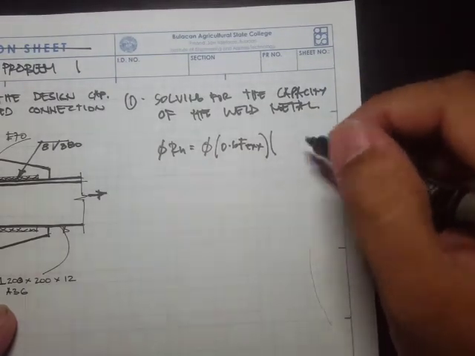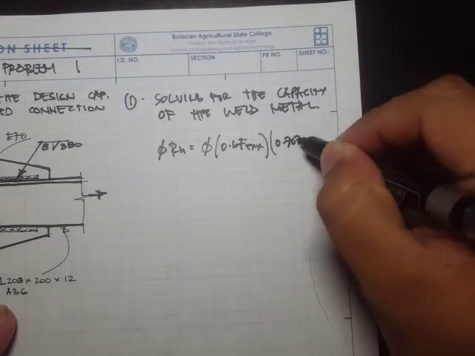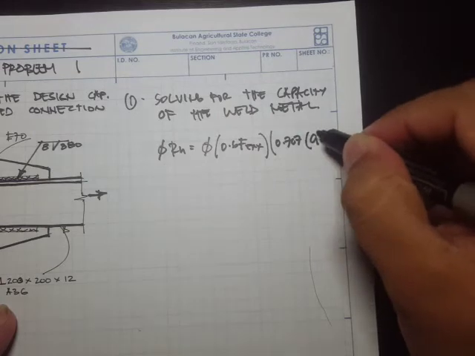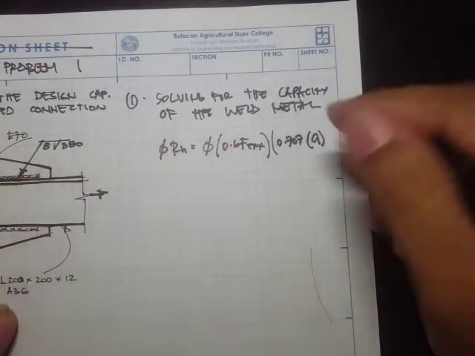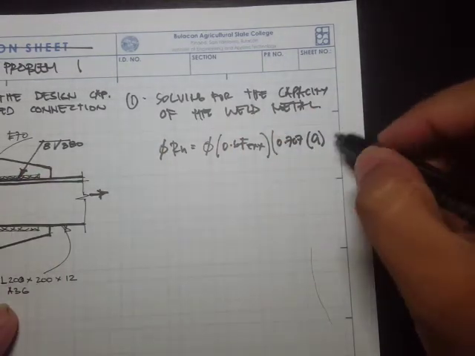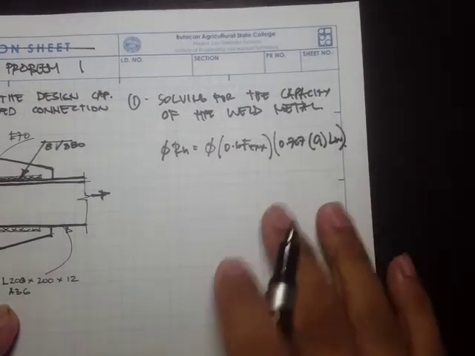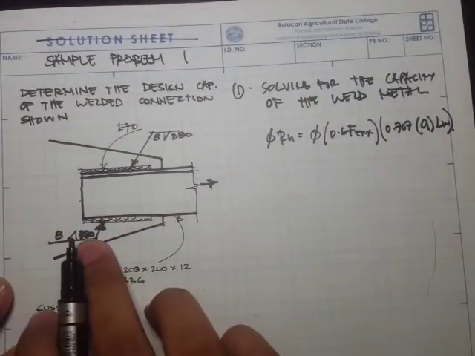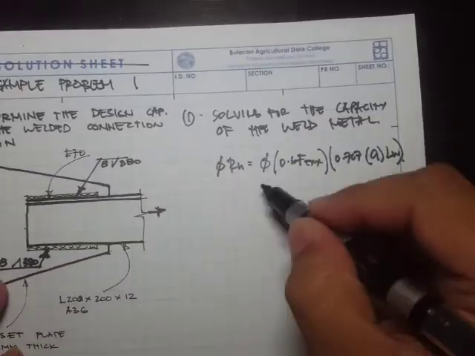We have 0.707 times the size, which is just 8 mm, times the weld length. What's the weld length? The weld length is simply 380 times 2.